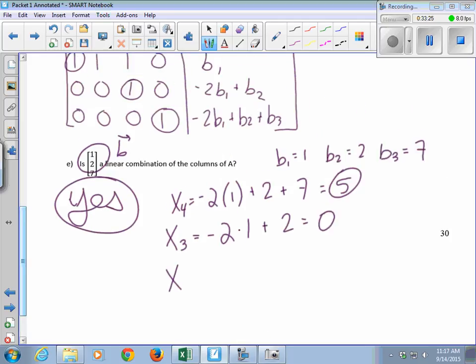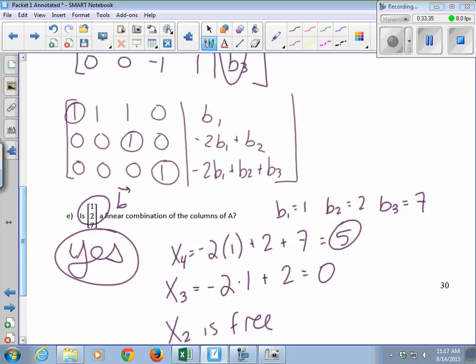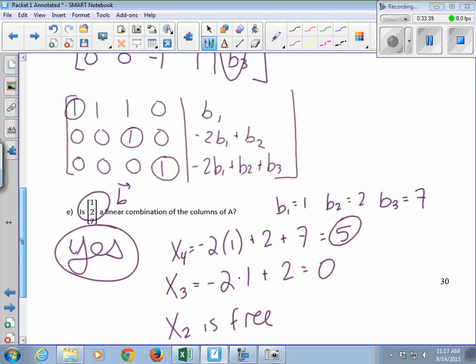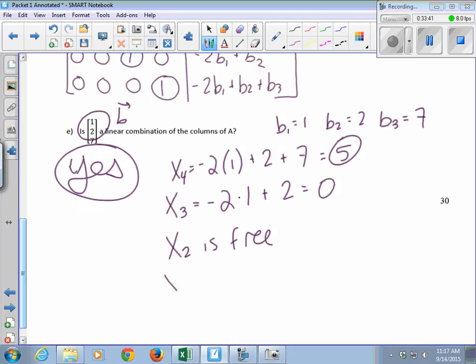x2 is free, so you can choose whatever you want for x2. And then x1 plus x2 plus x3 has to equal b1. So x1 has to equal 1. x3 I already know is 0, so put a 0 there.